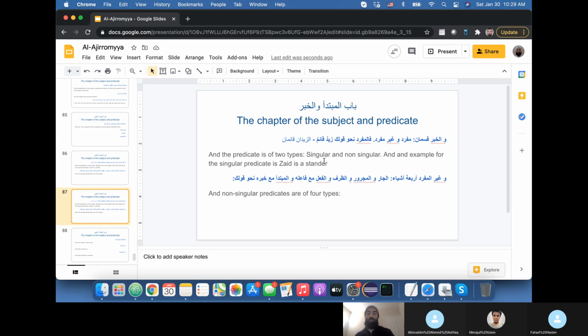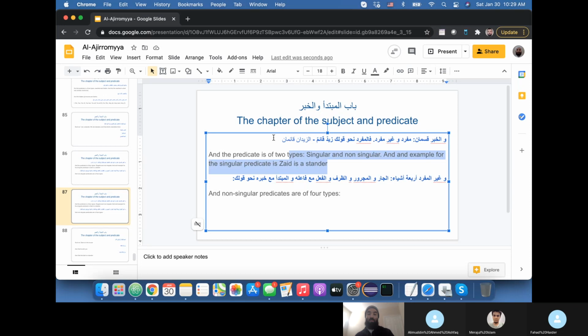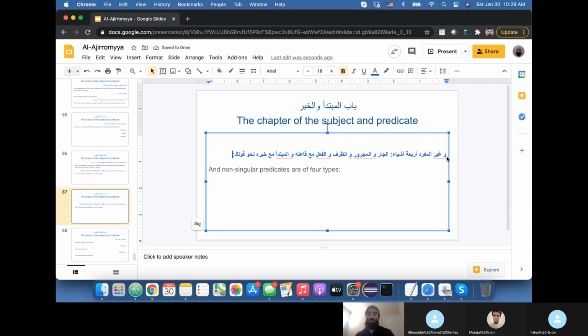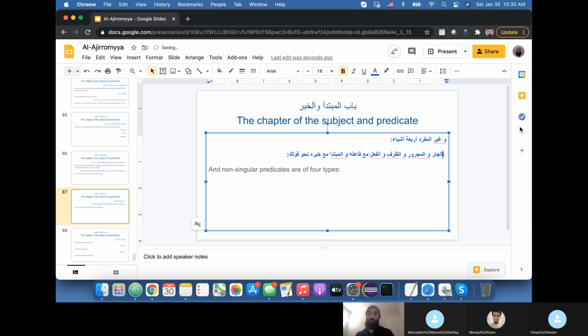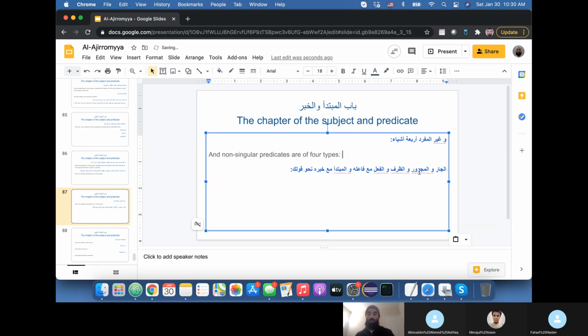We don't need this part because this is fairly simple. So I'm going to give each of these its own line, and I'm going to explain to you what each means. We need one more slide.